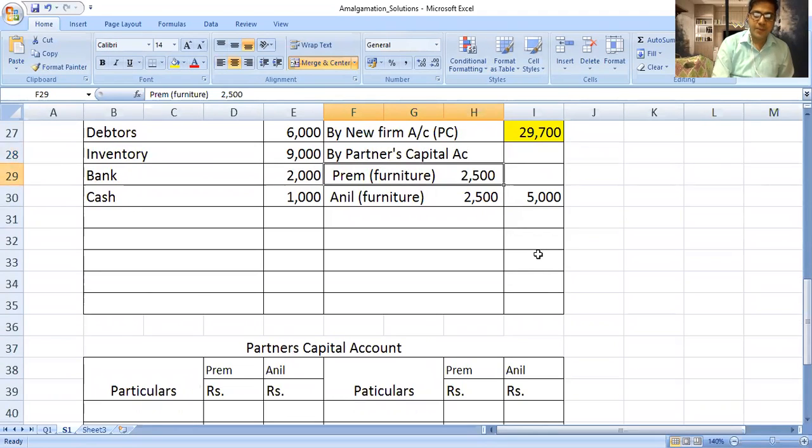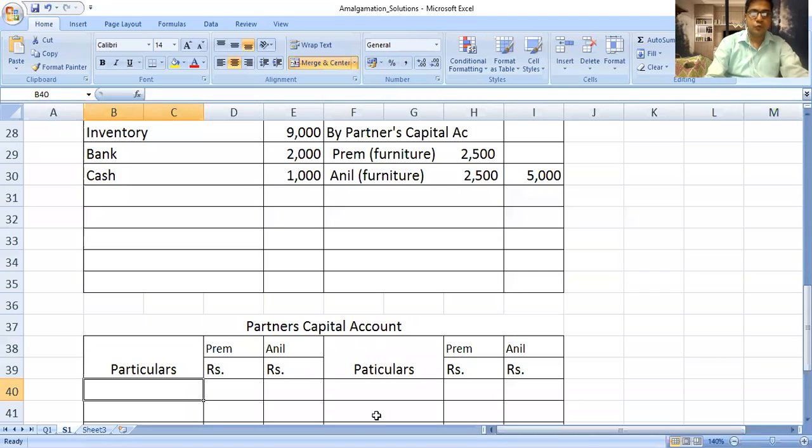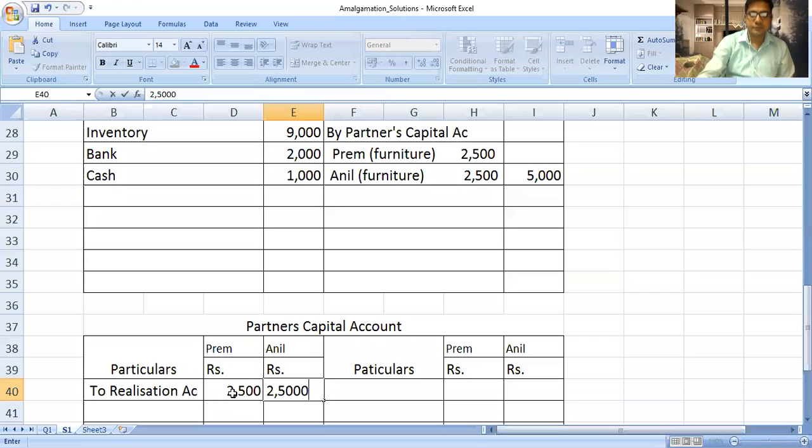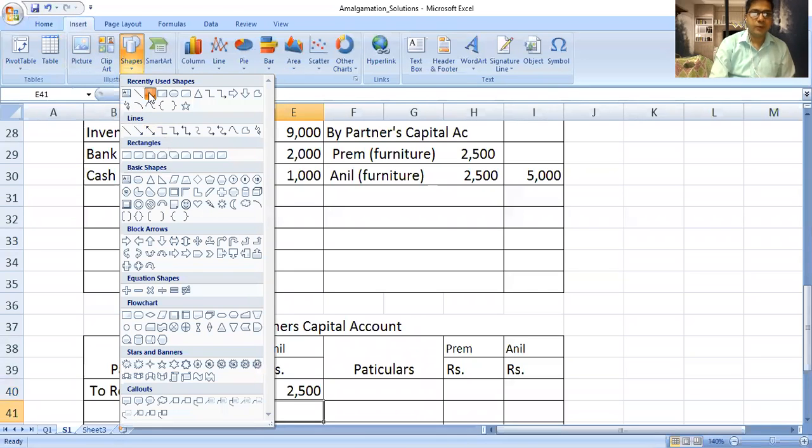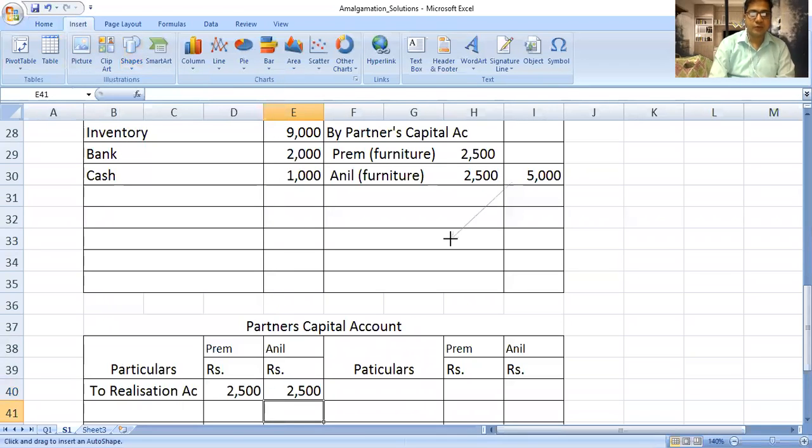So we will write here partners capital account debit side to realization account, and here 2,500 and 2,500. See friends, this is the effect we have to give whenever we write this 5,000.